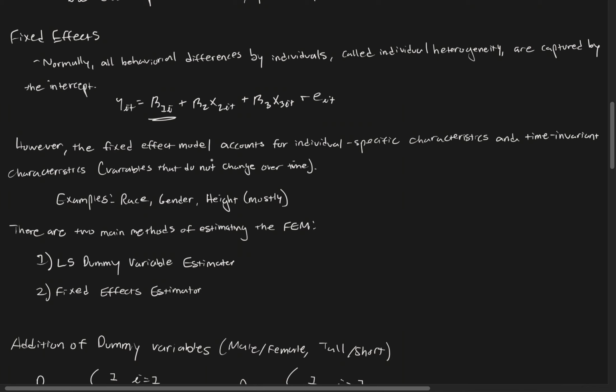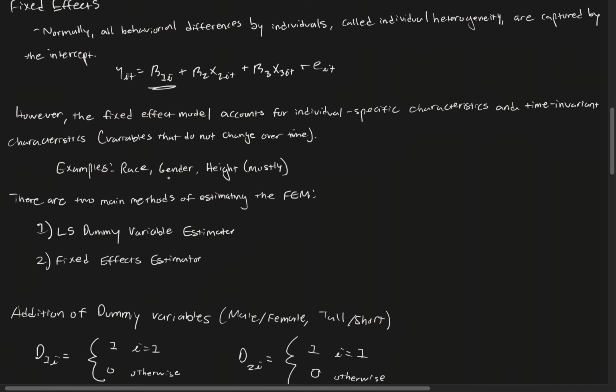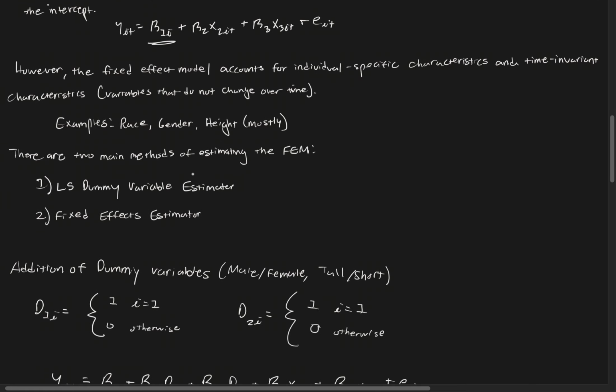When we're only accounting for the difference of the individuals, we must consider the characteristics that are indifferent to time, because if we measure characteristics that are also affected by time, then we don't know if the differences are caused by the individual behaviors or the time changes. So just for individual differences, we have to measure time invariant characteristics such as race and gender and height. Height mostly, that doesn't change, but I guess in adolescence it can change.